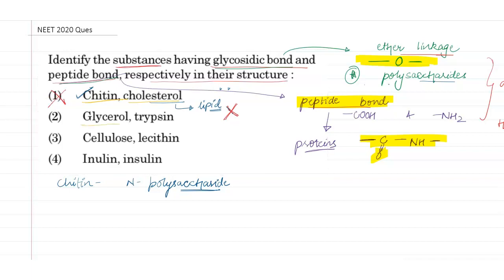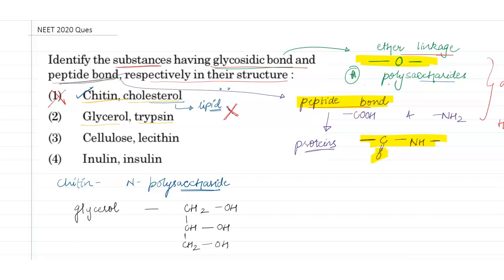The next one is glycerol and trypsin. Glycerol is a compound. Let's see the structure of glycerol. Glycerol looks like this: CH2OH, which is bound to CH, which is in turn bound to OH. This CH is bound to again CH2OH.